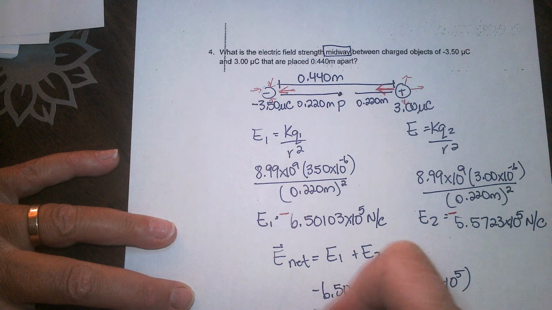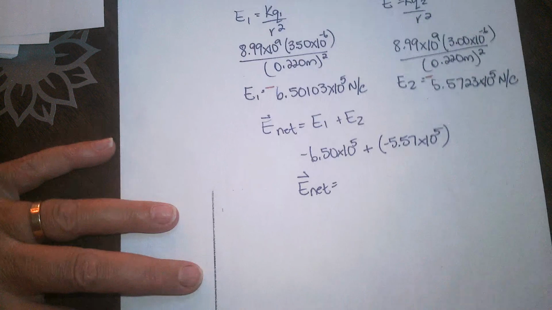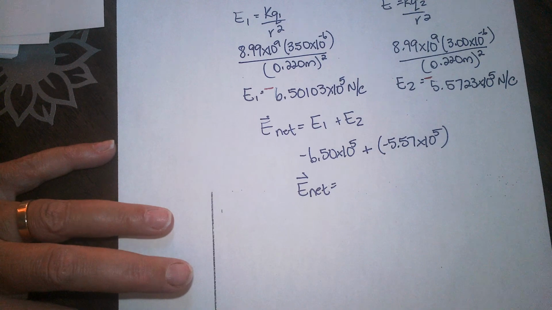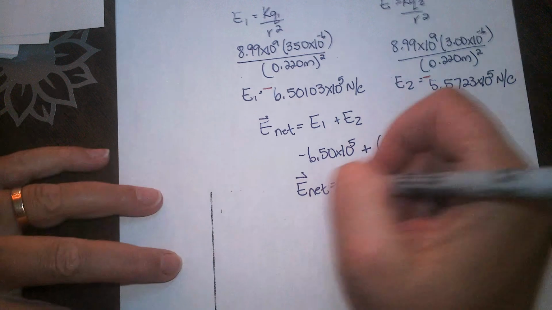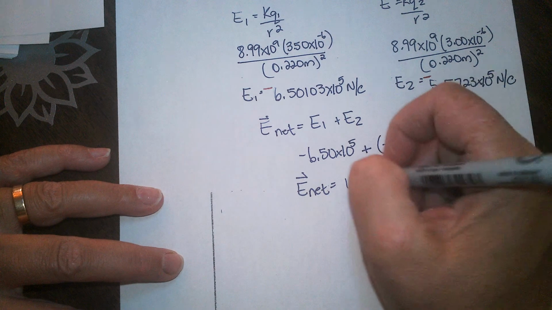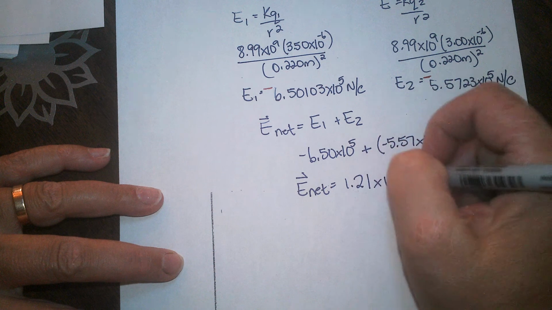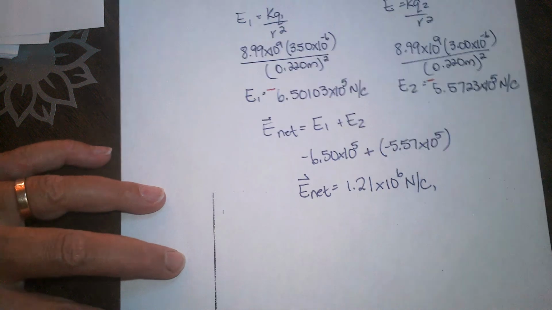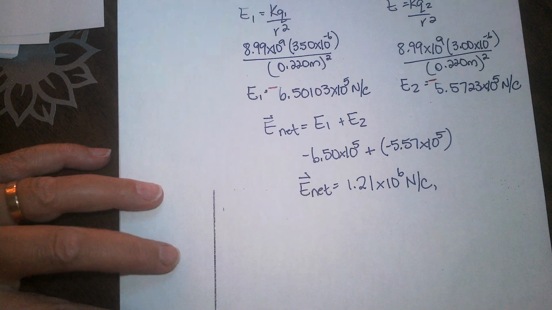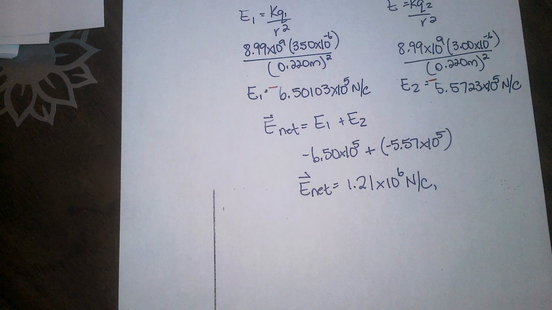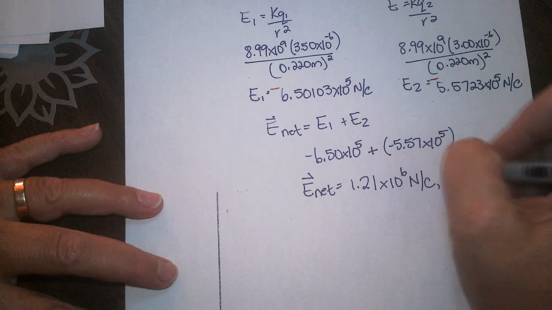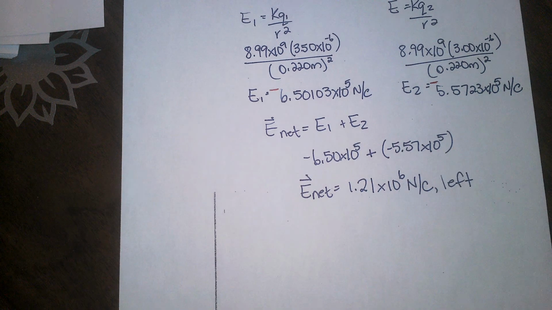And E net gives me which value? Newtons per coulomb. And then which way is it flowing? Your value was negative, so it's to the east, left. Same thing. Left is easier.